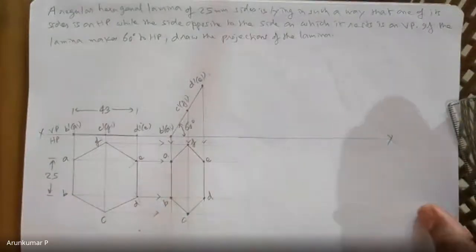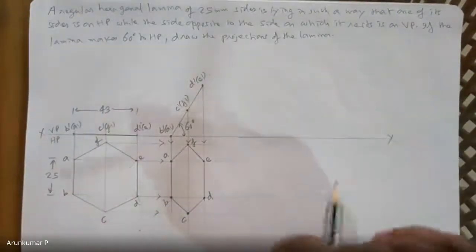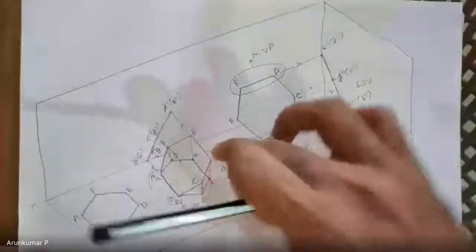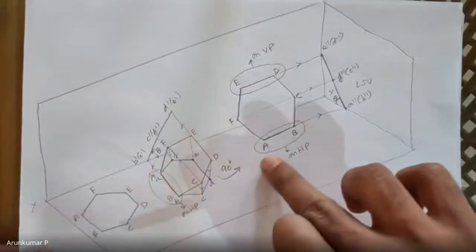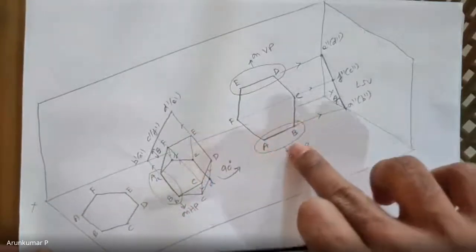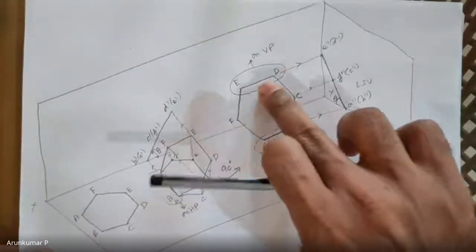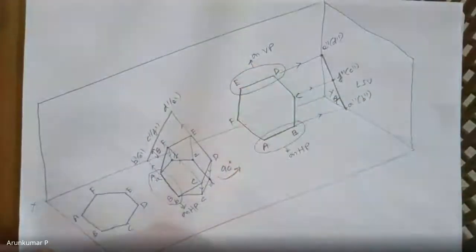Third step, you have to rotate 90 degrees in the anti-clockwise direction. So what is going to happen is AB should be on HP and the opposite edge DE should be on VP.